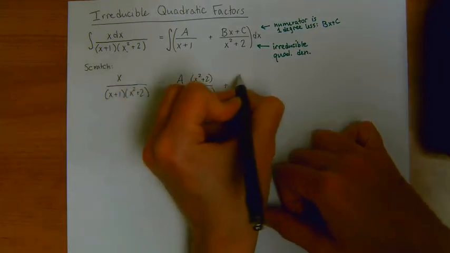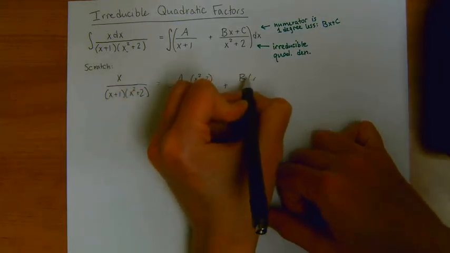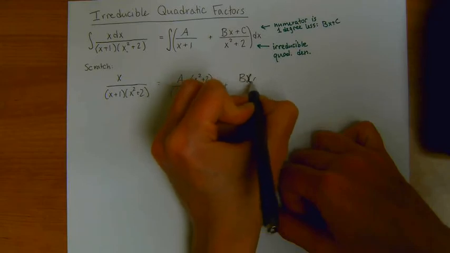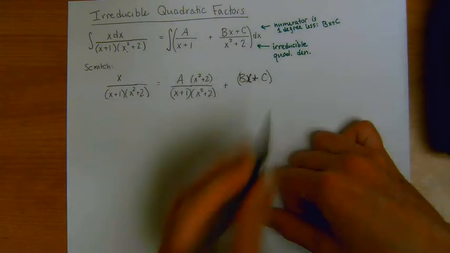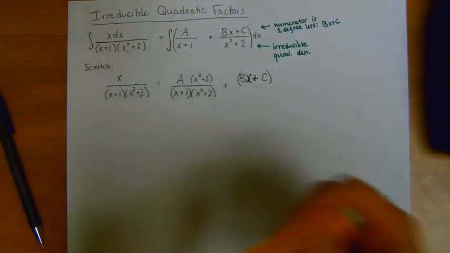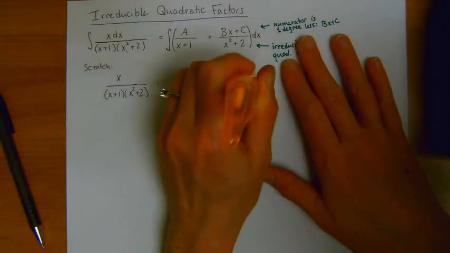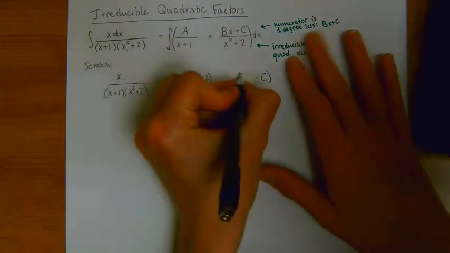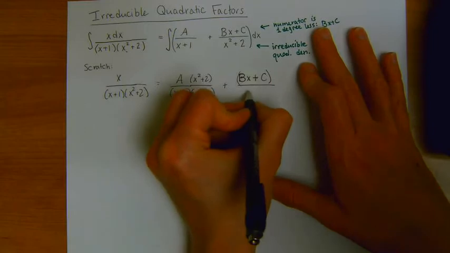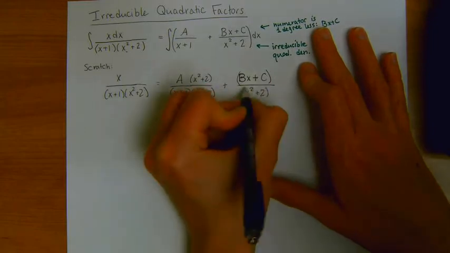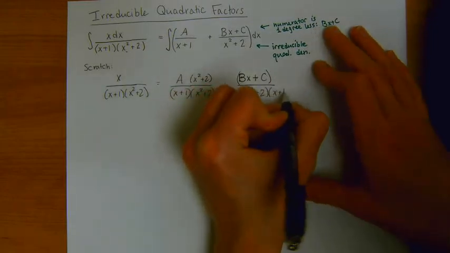And then bx, sorry, that looks sloppy, plus c in the numerator. Can you read that? I'll change it. This says bx plus c in the numerator has the denominator x squared plus 2 times x plus 1.